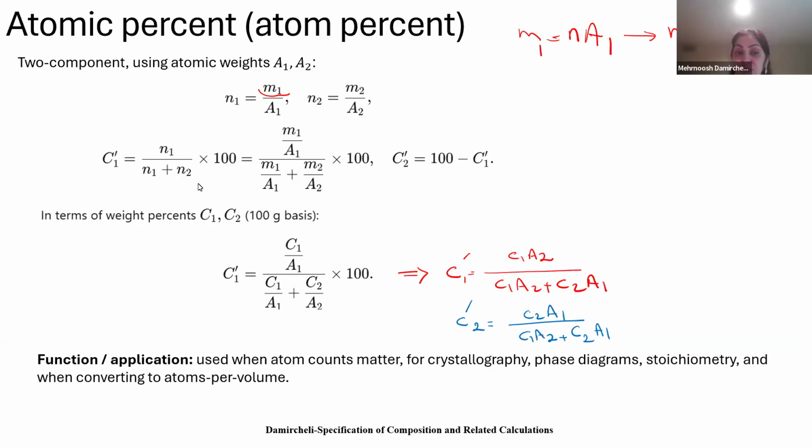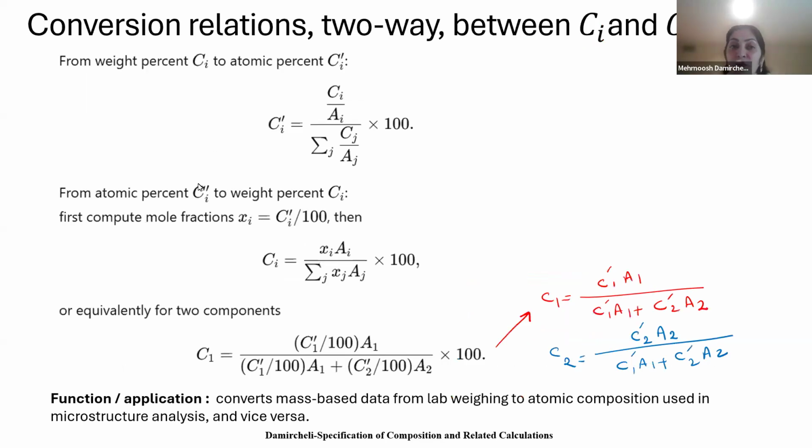What are the applications of that? It is used when atom counts matter, for crystallography, phase diagrams, or cases where instead of expressing weight percent, we express atomic percent. Okay. Conversion between Ci and C prime i.